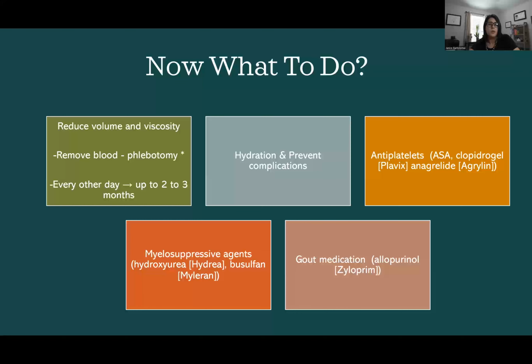And because we know there is an issue with the bone marrow producing an extra amount of cells, we can tell the bone marrow, hey, slow down, don't produce too much. You're going crazy. We do this with myelosuppressive agents, and one of the common ones is Hydrea.